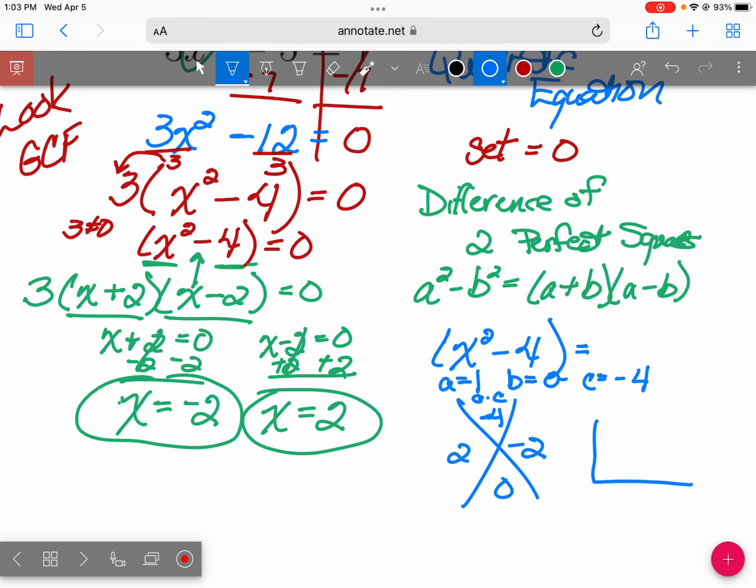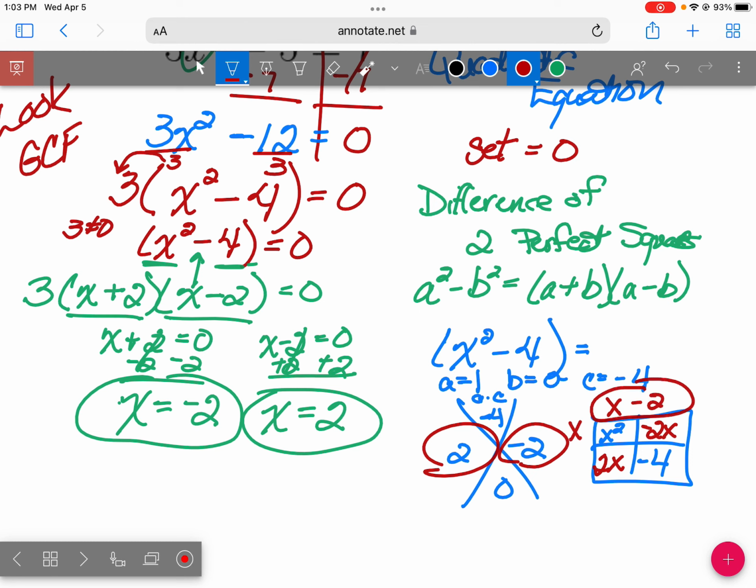And then you would do your box, okay? You would say x squared is in the first one, -4 is in the second, and you would say 2x and -2x here, and that's where you're going to get x minus 2 as a factor and x plus 2. So either way, if you remember the difference of two squares, that's very helpful. And if you don't, you can use the X box method, either one.